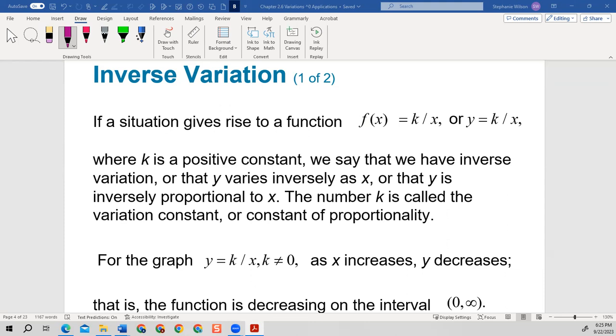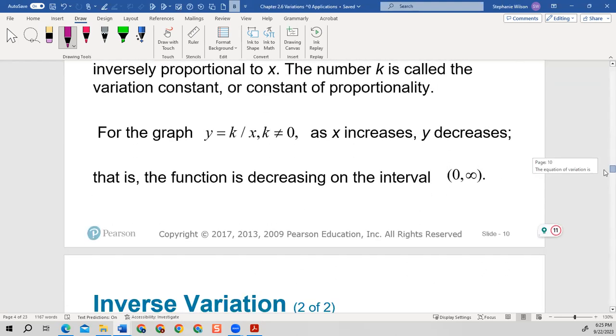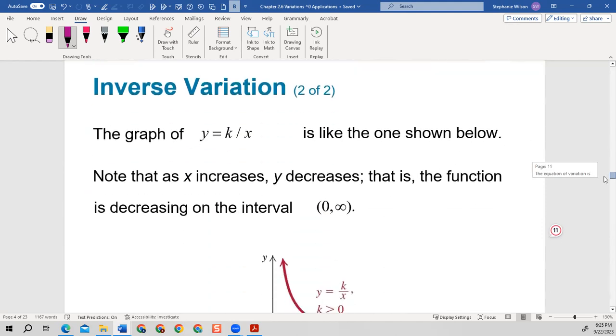For the graph of y equals k divided by x, where k does not equal 0, as x increases, y decreases, which makes sense because now we got a division going on. That is, the function is decreasing on the interval 0 to infinity.